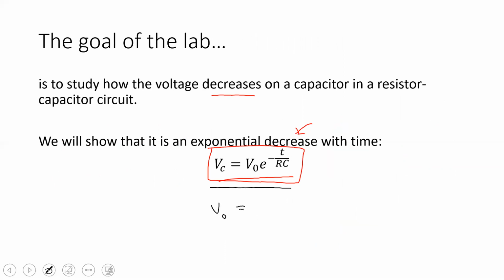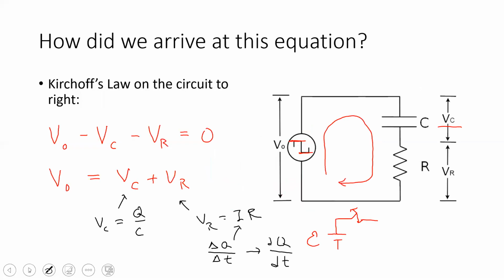our step function generator, our EMF, is equal to 0. So when we throw a 0 into that equation, our differential equation is going to look like 0 equals Q over C plus R times dQ/dt.